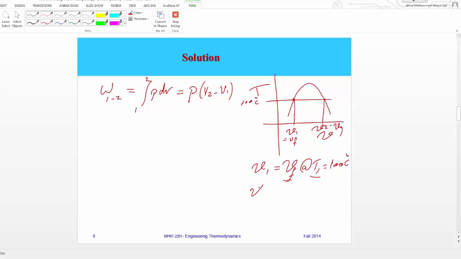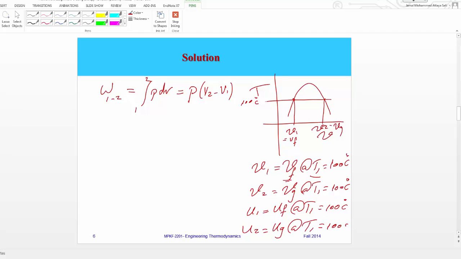And V2 is Vg at 100 centigrade. I can also write here immediately, because we're going to need it, U1 is Uf at 100 and U2 is Ug at 100 centigrade. This is state 1 and this is state 2.